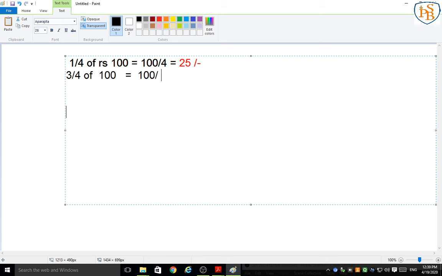So 100 divided by 4 multiplied by 3. The 1/4 part of 100 is equal to 25. So 25 multiplied by 3, 25 3s are 75. So rupees 75 spent on prawns, and rupees 25 on squid. So you got the 1/4 part of 100 and the 3/4 part of 100.